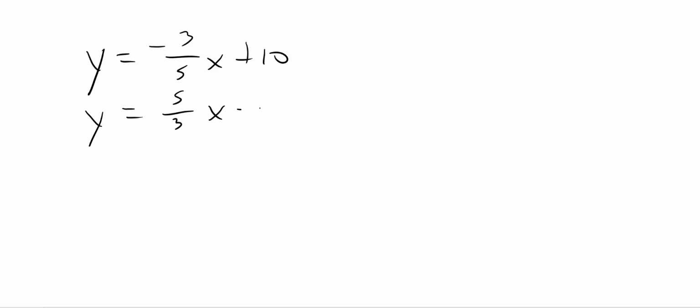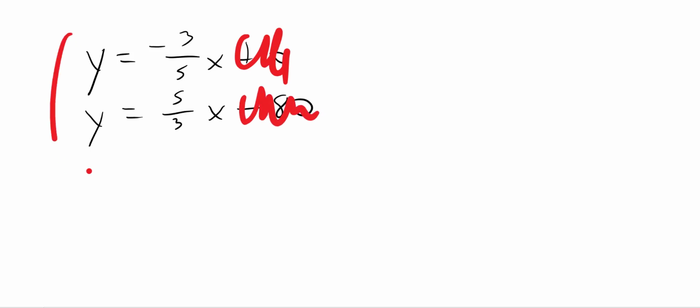If I give you y equals negative 3/5 x plus 10 and y equals 5/3 x minus 80, once again I don't care about the constants. I'm already solved for y, which is good, so I look at the slopes.